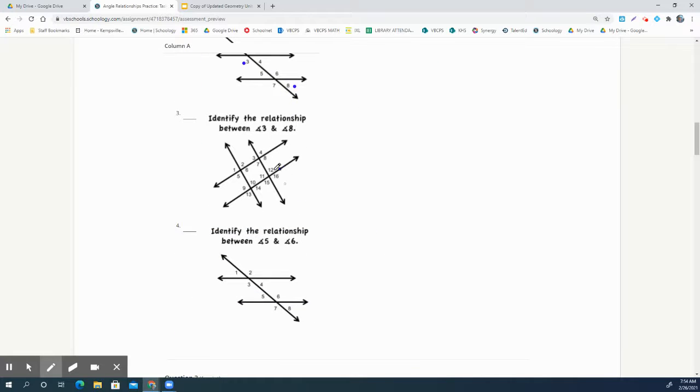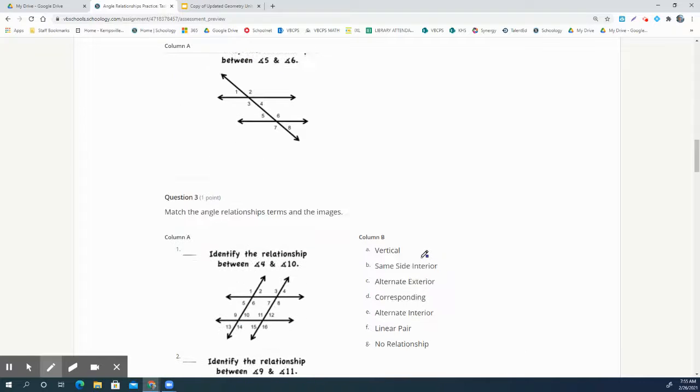Okay. What about 3 and 8? That's a throwback to last unit. Vertical. It is vertical. So whatever letter vertical is. What about 5 and 6? Is that a picture of linear pair? They're in the same intersection.